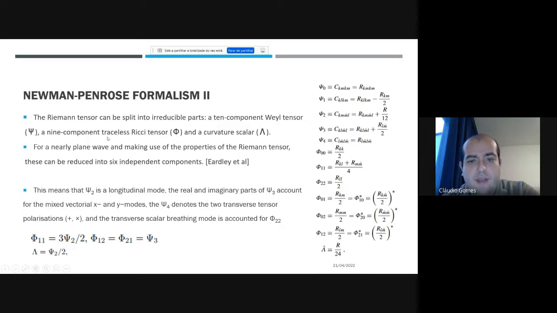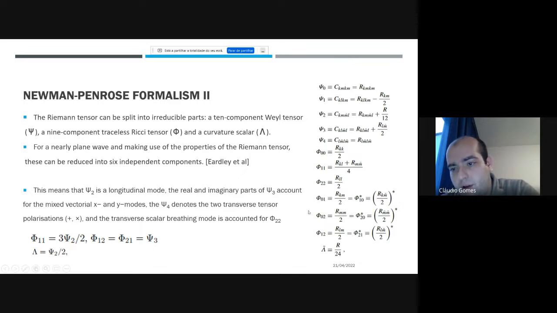In fact, this is the Newman-Penrose Formalism, which was adapted for instance to gravitational waves by Eardley et al. So for a nearly plane wave, and making use of the properties of the symmetries of the Riemann tensor, these components over here can be reduced into 6 independent components.